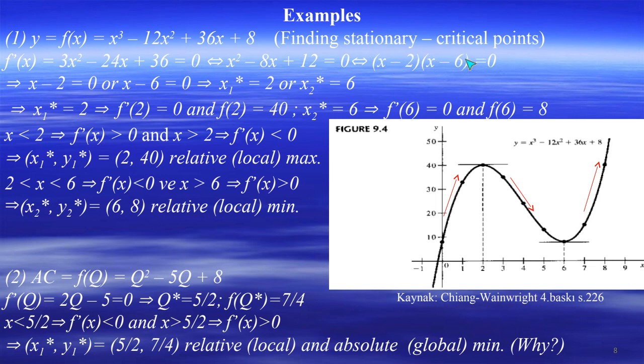When x is equal to 6, it is 0 again. Between 2 and 6, x minus 2 is positive, x minus 6 is negative. So positive times negative is negative. So the first derivative is negative between these roots, 2 and 6. And when x is greater than 6, then both x minus 2 and x minus 6 are positive. The product, and times 3 as well, is positive. So we have positive, negative, positive.